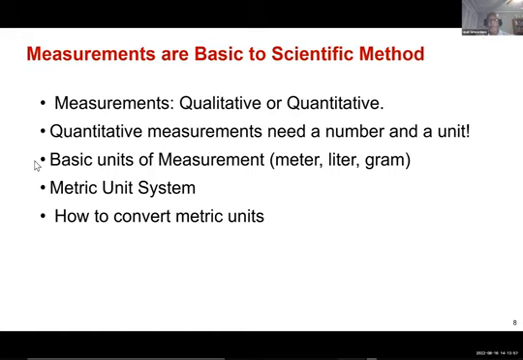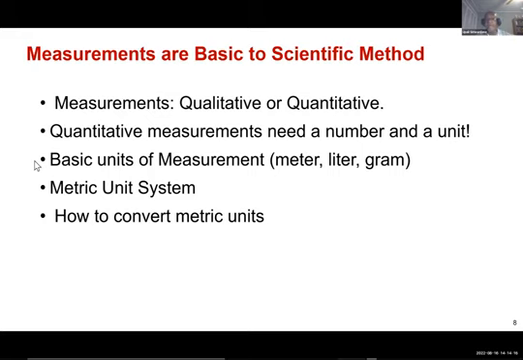measurement. Qualitative measurements are not very important in the sciences. It's the initial observation, followed by quantitative. Quantitative is where you measure exactly what that change is.